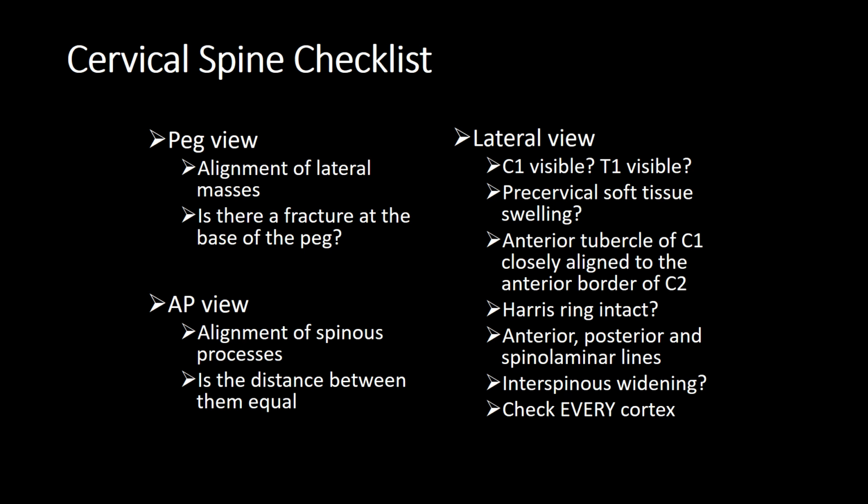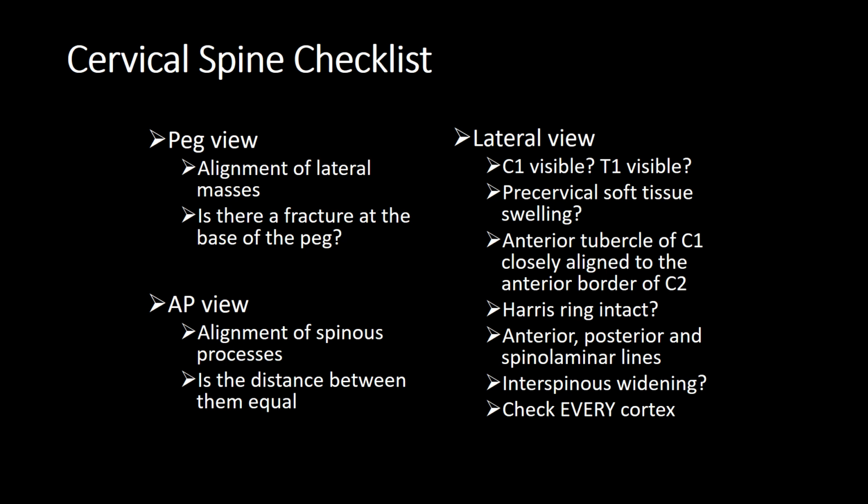Okay, so to recap, the cervical spine checklist. On the peg view, do you have alignment of the lateral masses? Is there a fracture through the base of the peg? On your AP view, look at the alignment of the spinous processes. Is the distance between them equal? Lateral view, is C1 visible? Is T1 visible?